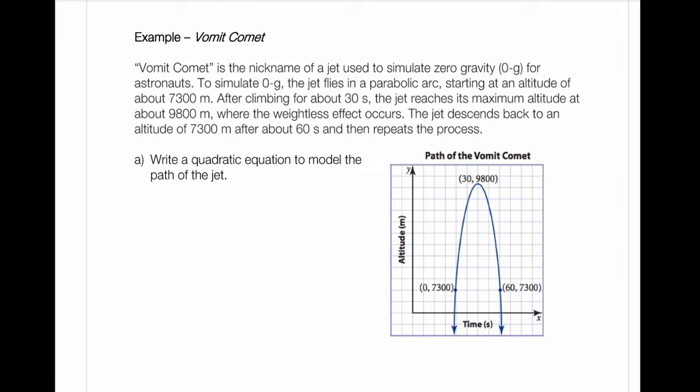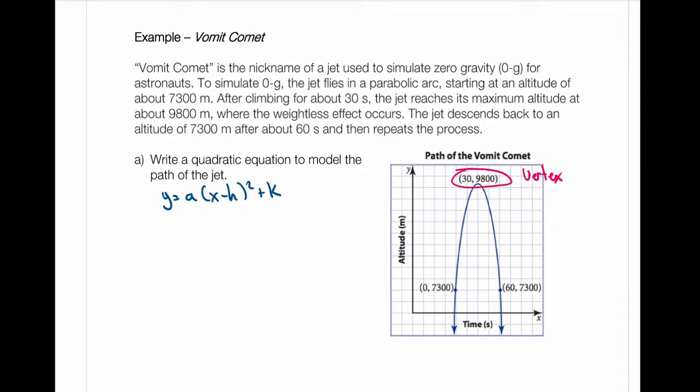So what we want to do here is look at the key characteristics of our graph and figure out what equation would probably be best. Because it gives us the highest point, which we should recognize as our vertex, it would be beneficial to stick with vertex form, y equals a(x minus h) squared plus k.